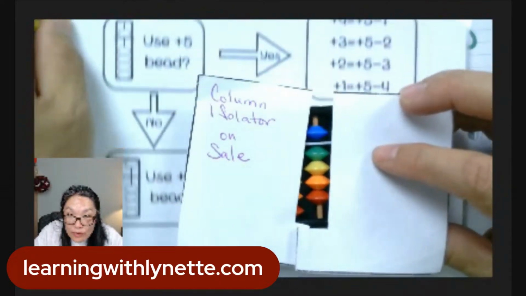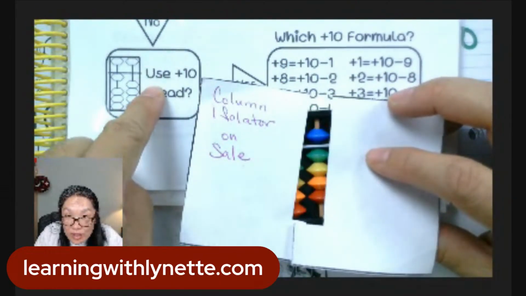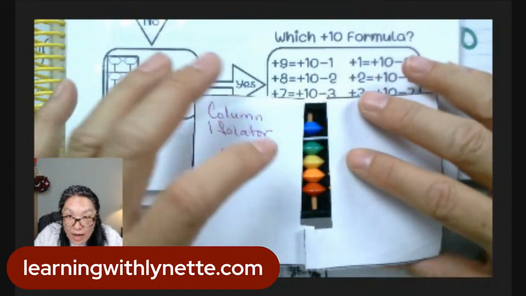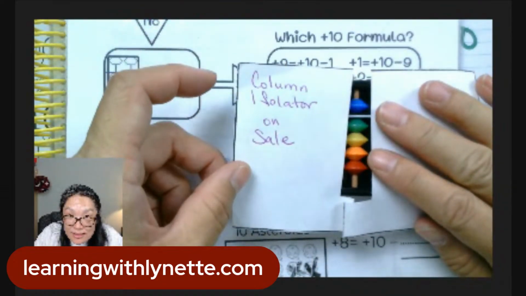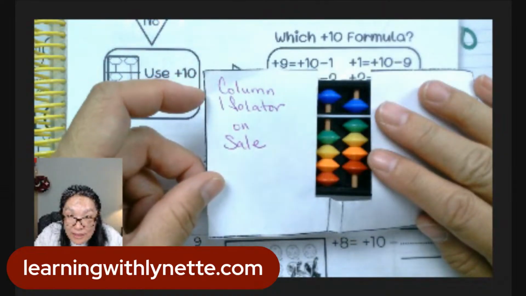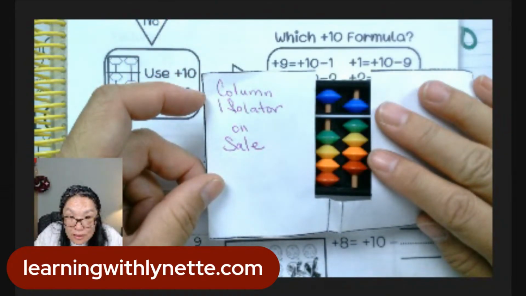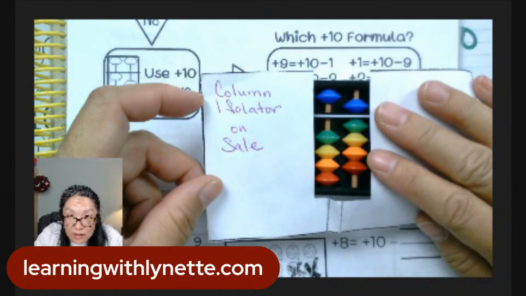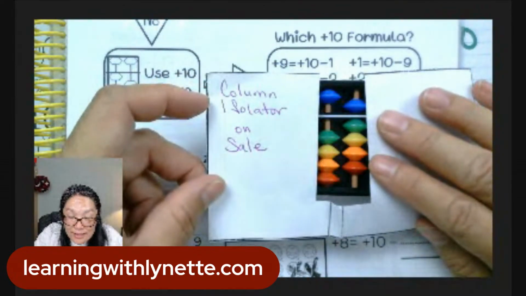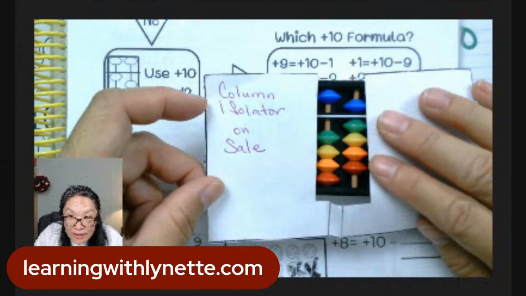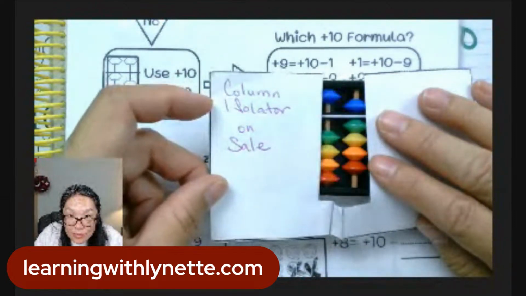So then what I do here, I now have to go here, use the 10. How do you add the 10? Remember, plus the 10 is plus the 10. Does that make sense? Minus the 9 plus the 10.